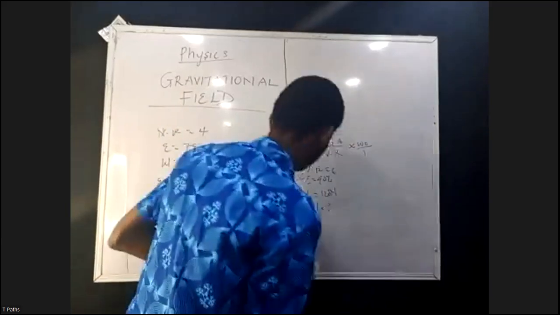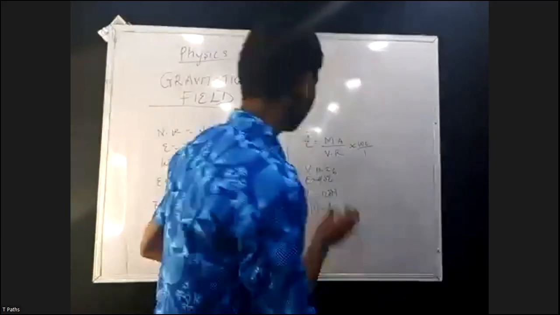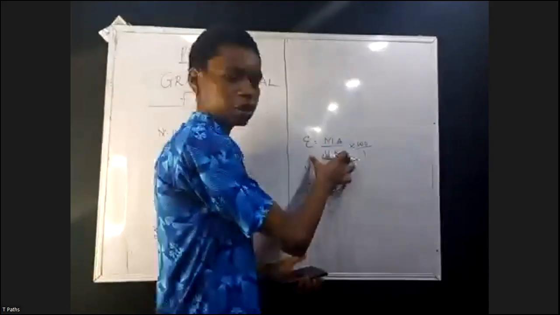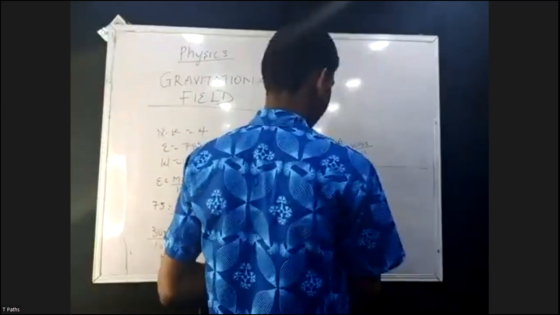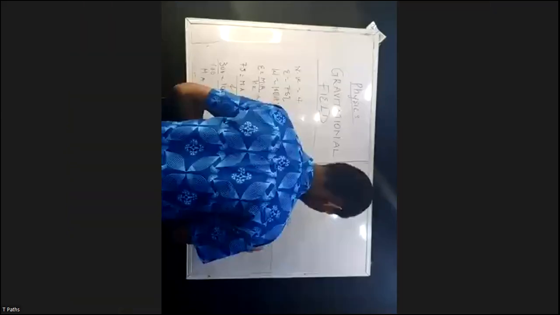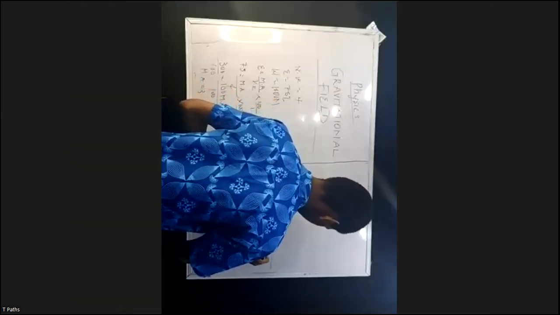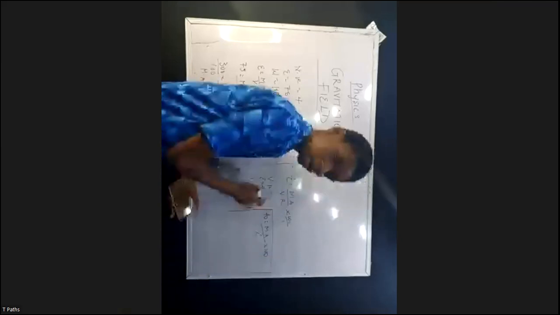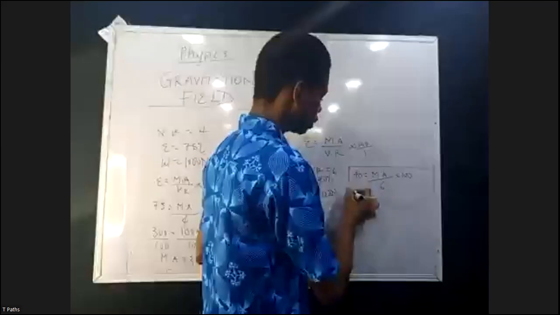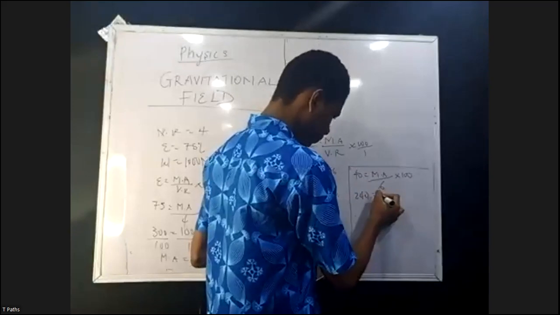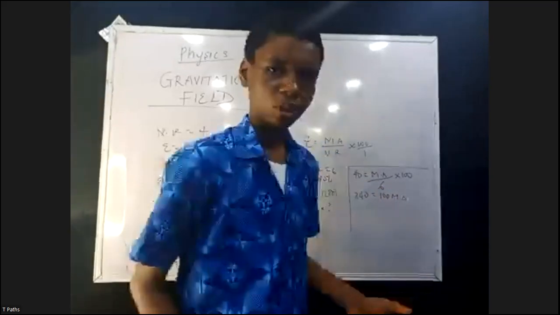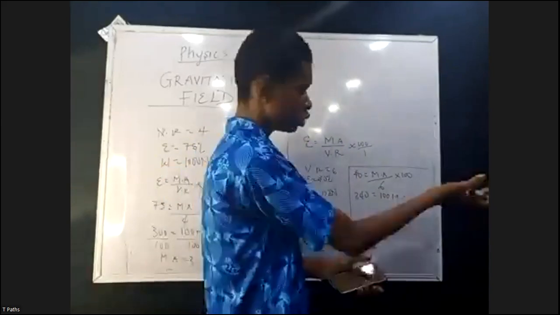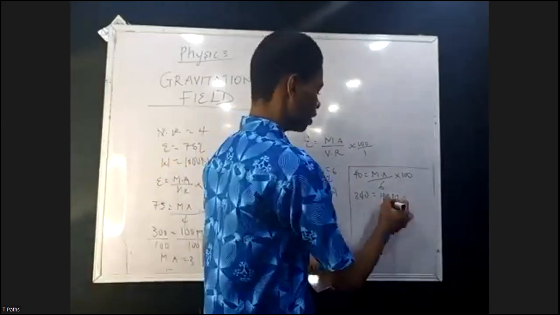I'm simply going to say efficiency is equal to mechanical advantage over velocity ratio times 100. So here if I cross multiply, I'll have 6 times 40, which is 240, equals 100 MA, which is my mechanical advantage. So I'm going to divide through by 100 to get the value of my mechanical advantage.